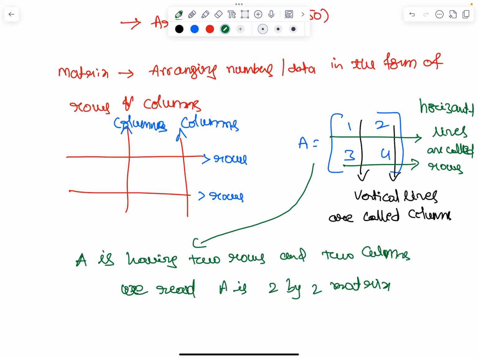This 2 by 2 stands for by. Of course, it looks like a multiplication symbol, but this is actually by. So, a 2 by 2 matrix.